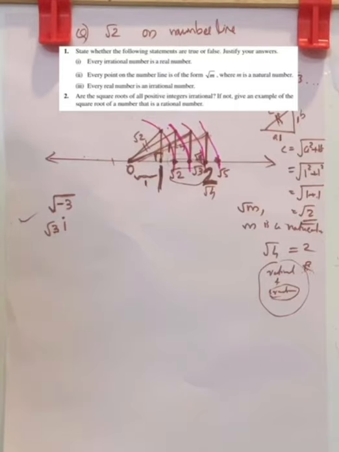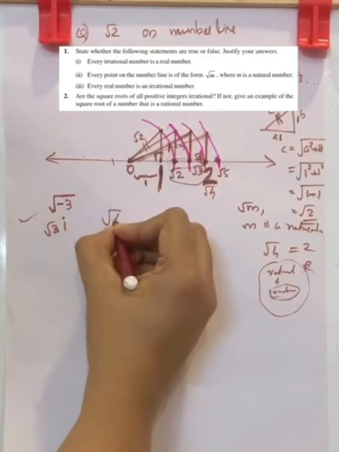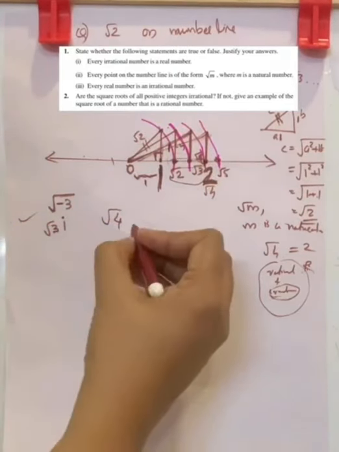Next, are the square roots of all positive integers irrational? If not, give an example of the square root of a number that is a rational number. How will you find the square root of a number? You have already learned. I will do some examples here. Root 4. How will you find the value? By prime factorization.